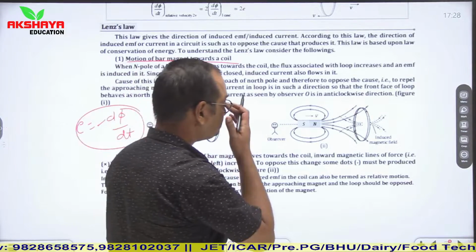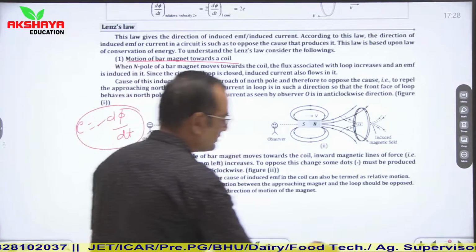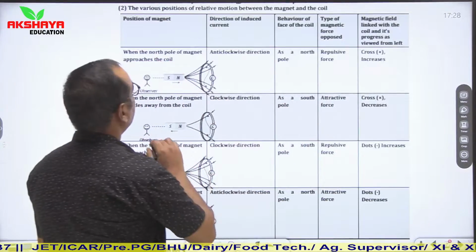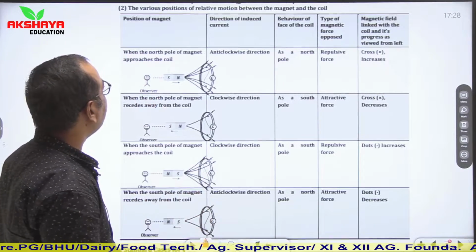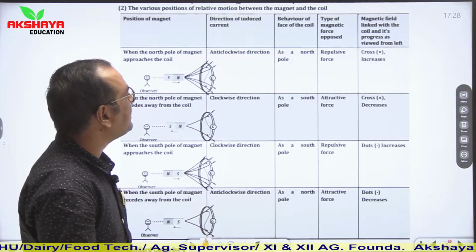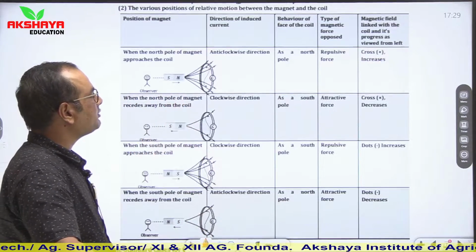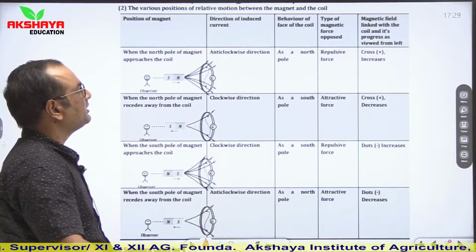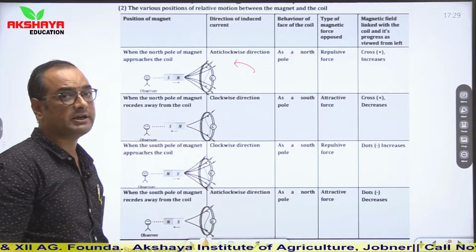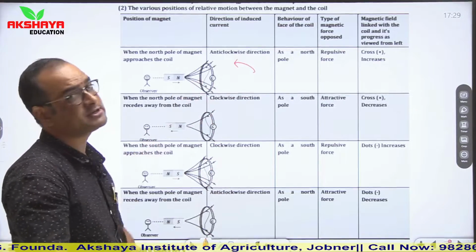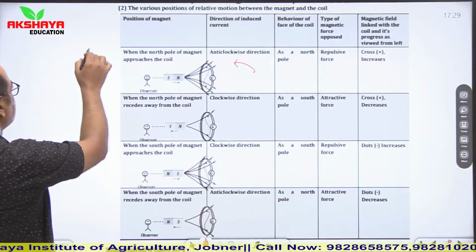Now this is the simple condition. Now let us see from these figures the various positions of relative motion between magnet and coil, and it will be very clear. In the first case, we are considering that the north pole is moving towards the coil. In this condition, the direction of induced current is anti-clockwise, because the coil will behave as a north pole. So let us see its concept.